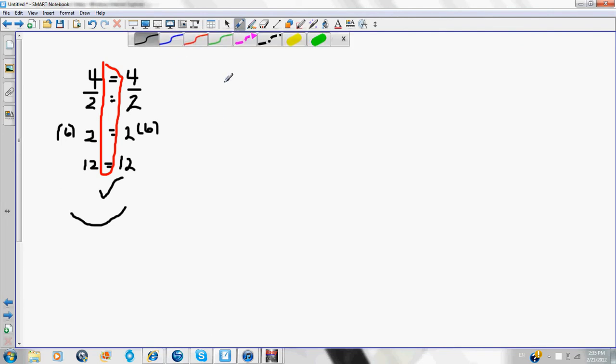Let's try 6x equals 18. Okay. Now, what we want it to say is x equals. But right now it says 6x. So we've got to get rid of that 6 somehow.